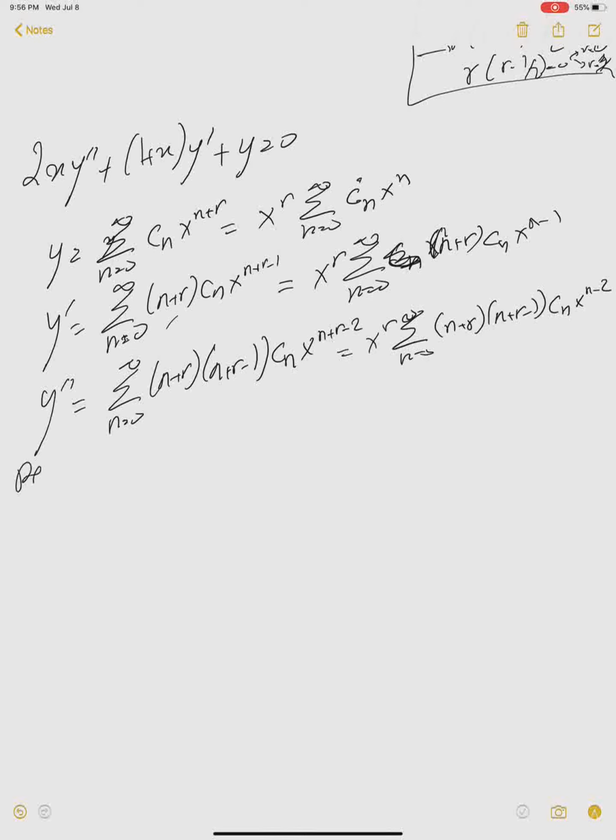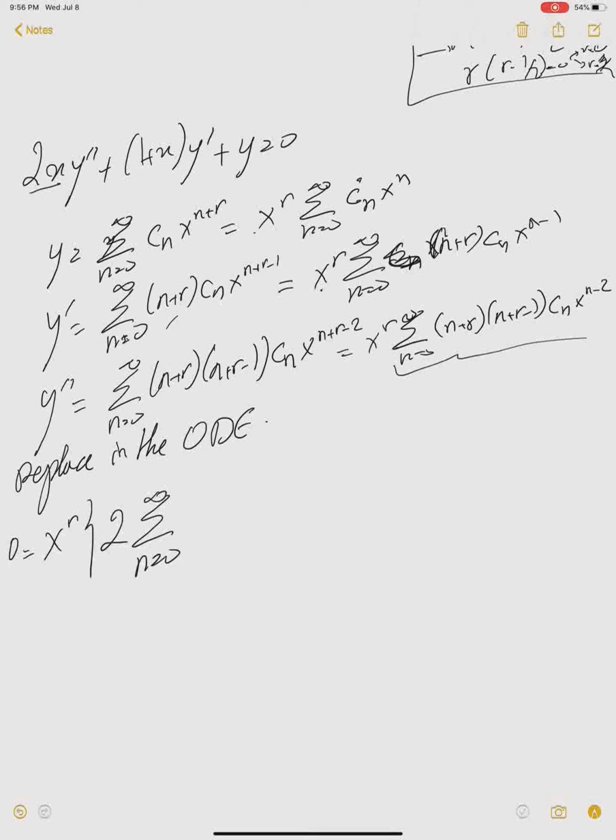Now replace in the ODE. What do you get? Notice that I have x^r, x^r, x^r, so I put 0 equal x^r times 2xy'', so multiply this by 2x, so you get 2 summation from n equals 0 to infinity (n + r)(n + r - 1) c_n x^(n-1), because I multiply by x.